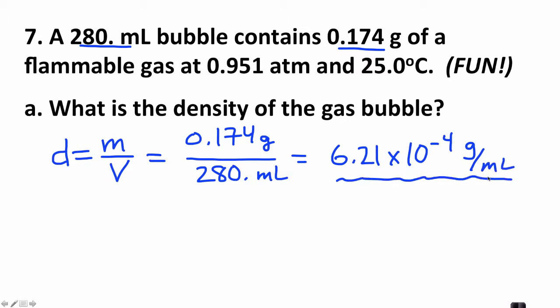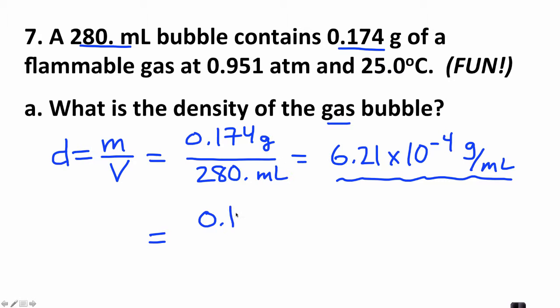Now notice this is a very small density, probably to be expected if we're dealing with a gas. It would have a much smaller density than the liquids or solids we've dealt with so far in this class. And also note, density can be in different units.